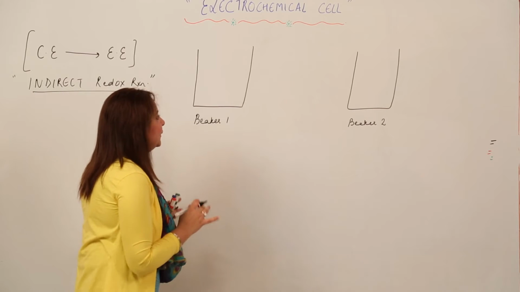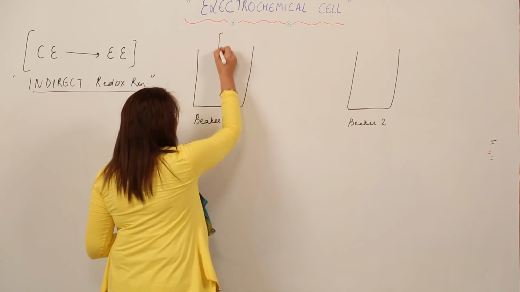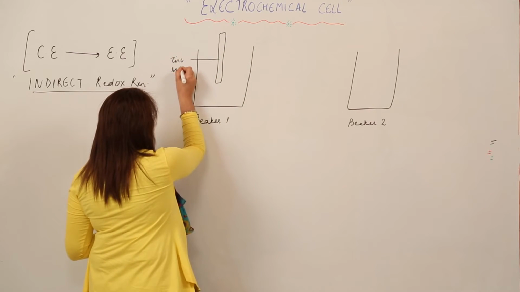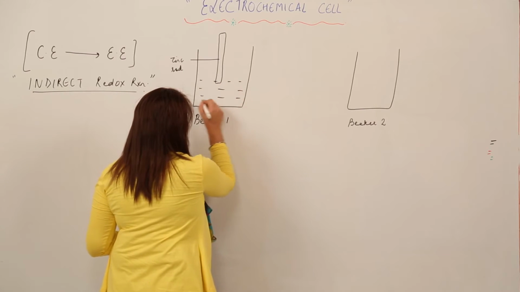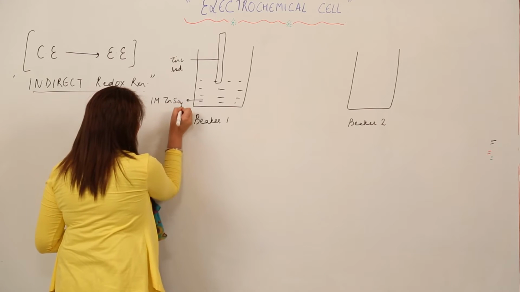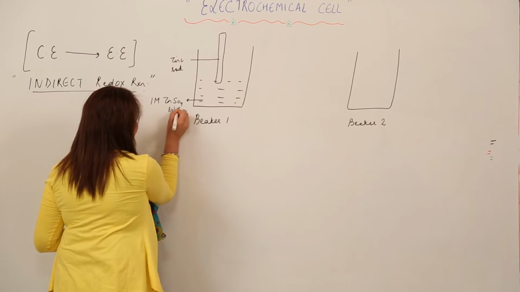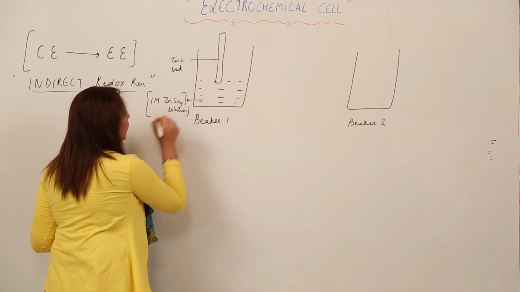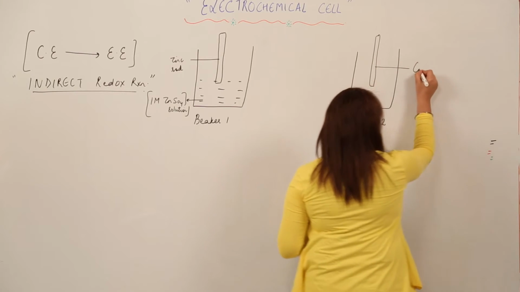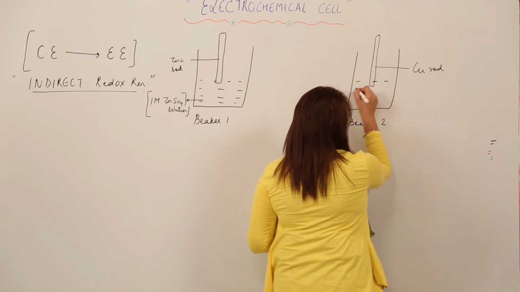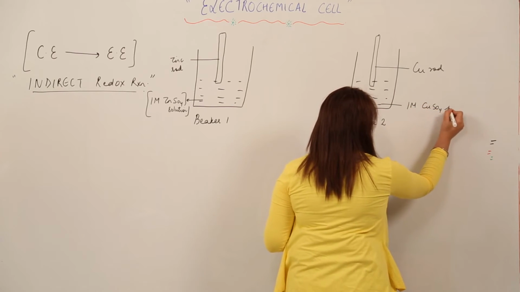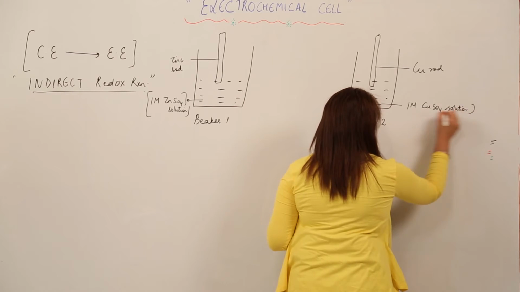In beaker 1 we have a zinc rod dipped in 1 molar ZnSO4 solution. In beaker 2 we have a copper rod dipped in 1 molar copper sulfate solution.